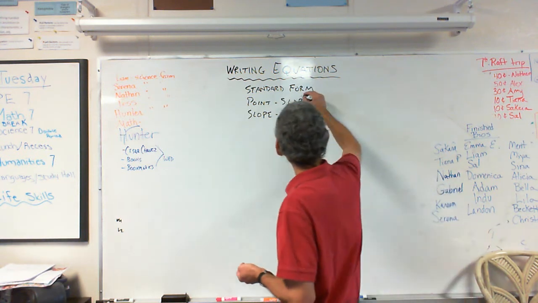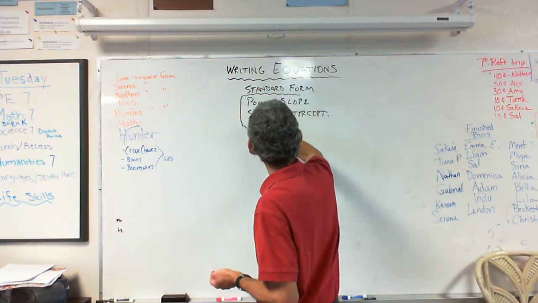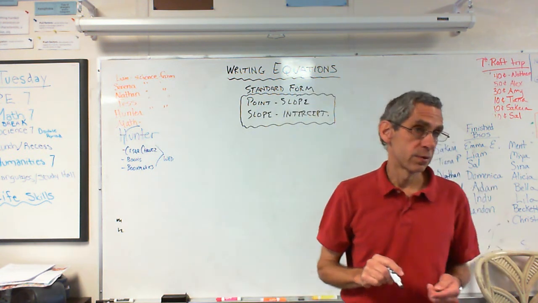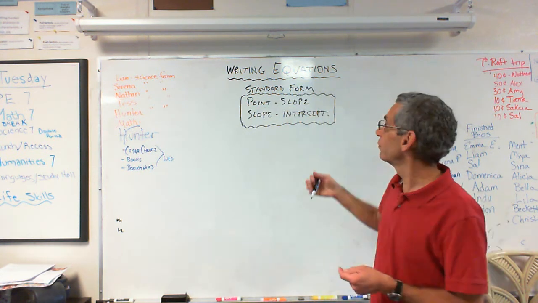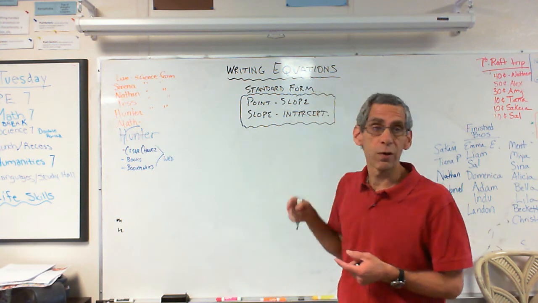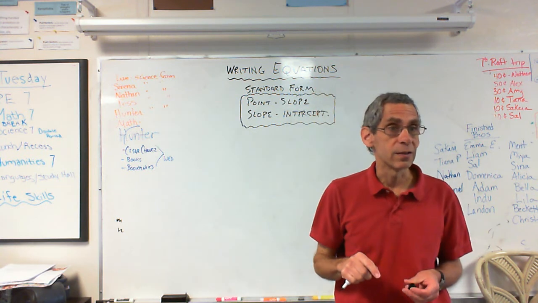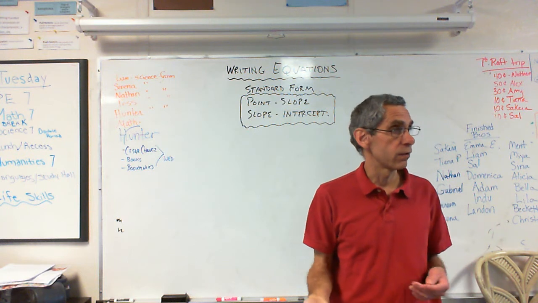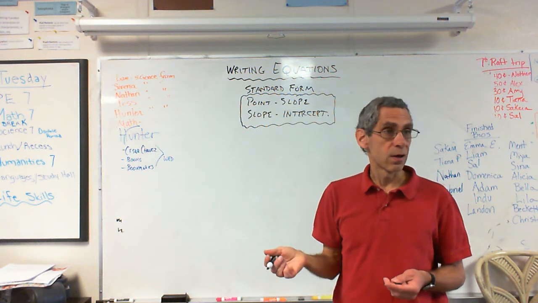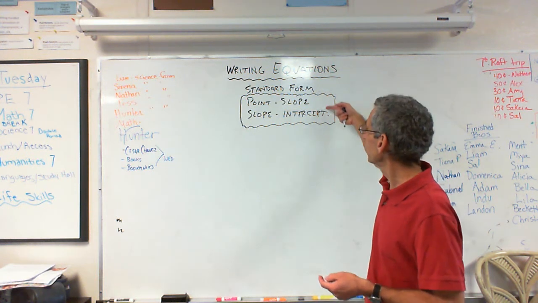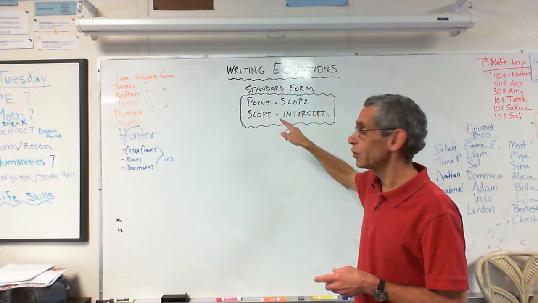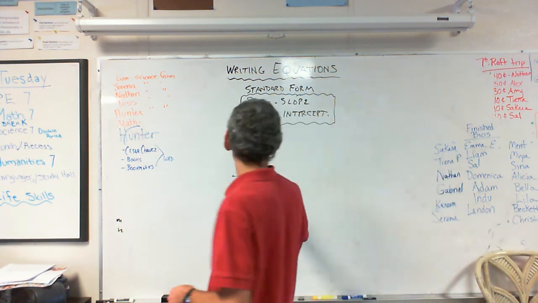These are the 2 you'll probably use: point slope and slope intercept. You can convert into standard form from those very quickly and easily, but most of the time we'll be dealing with these. So here's an example.